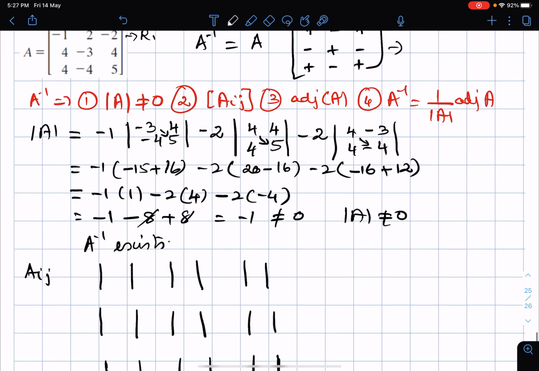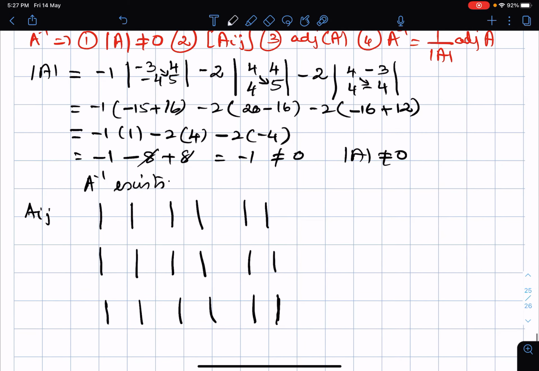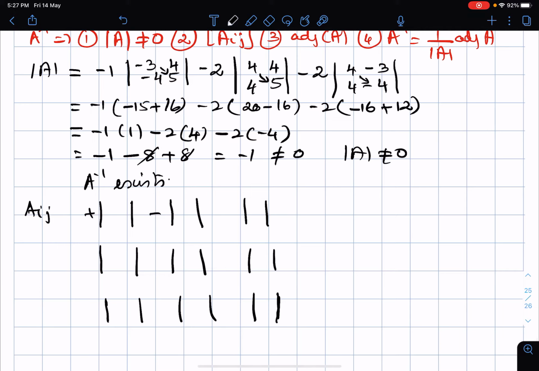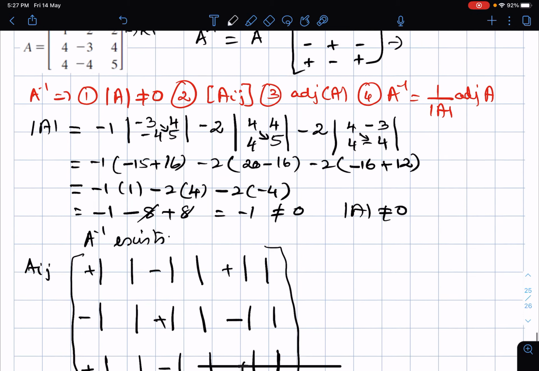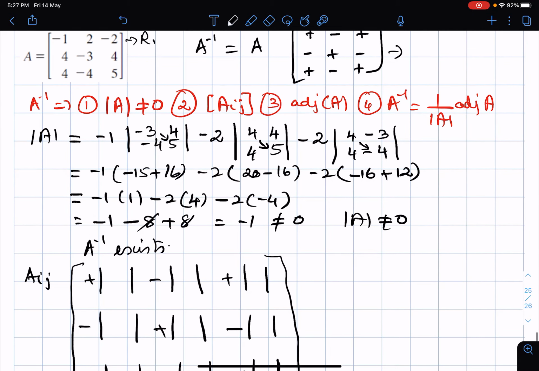Now put your sign convention as we have done there. First plus, minus, plus, minus, plus, minus, plus, minus, plus, and this is going to be our cofactor matrix. Now we are going to write the determinants.